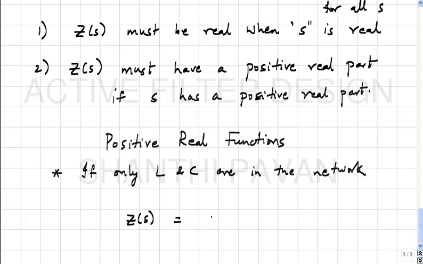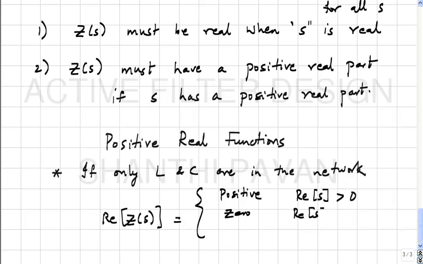The real part of Z of S is positive for real part of S greater than 0, and 0 for real part of S equal to 0, which is nothing but the j omega axis, on which we know that the impedance is only imaginary.